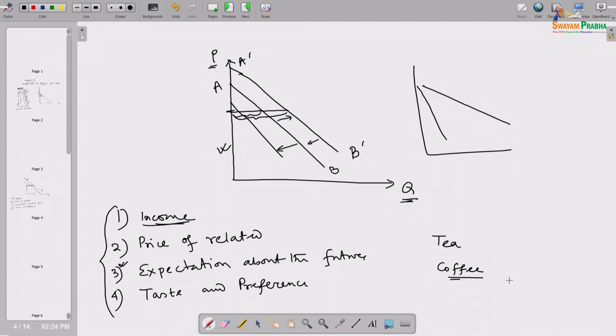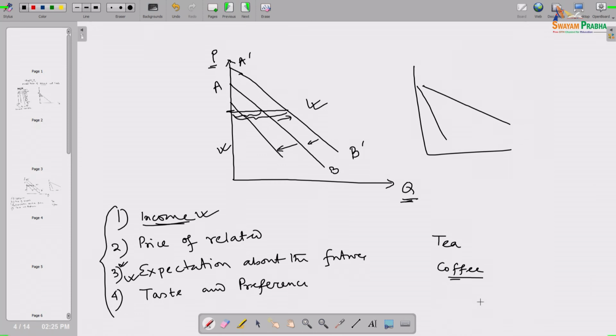Without making any other change, under the ceteris paribus condition, the tea price, the commodity whose demand curve we are discussing here, remains the same, income level remains the same, expectation about the future is the same, all other things remain the same. Then what will happen? Perhaps I will try to consume less tea and more coffee, because coffee has now become way cheaper than it is today.